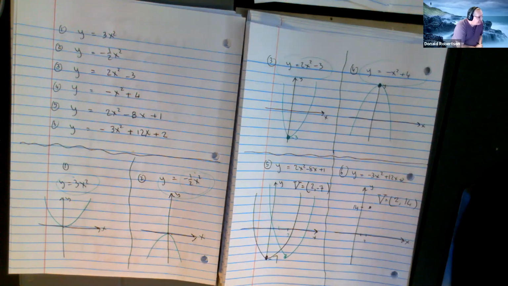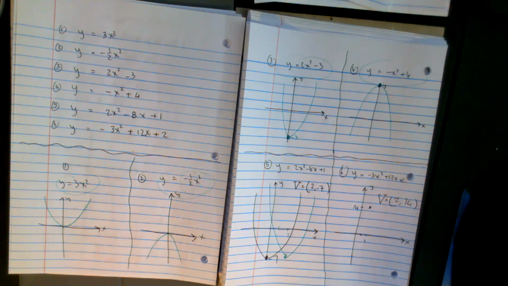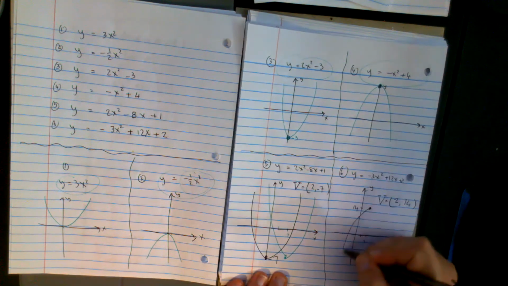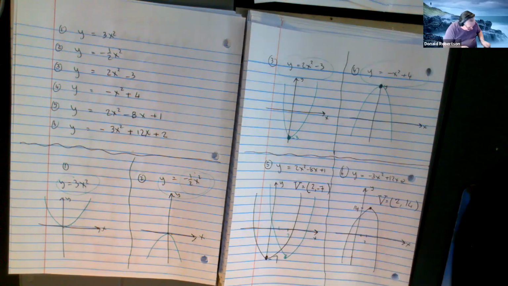Happy or sad face? Sad face. Concave down. Right. And that is pretty much the end of that section, how to sketch or graph quadratic functions. And we've kind of gone through every possibility that you need to know about.